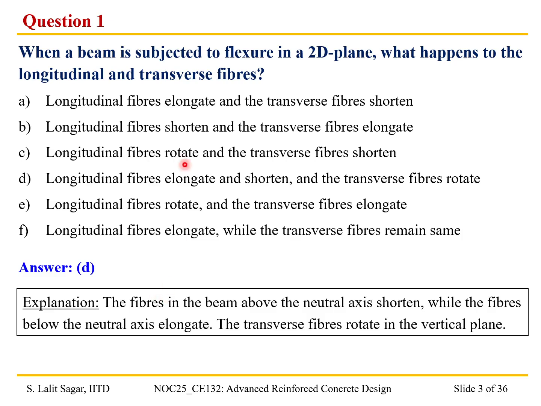So out of the 6 options, we can say that option D is correct, where the longitudinal fibers elongate and shorten while the transverse fibers rotate.